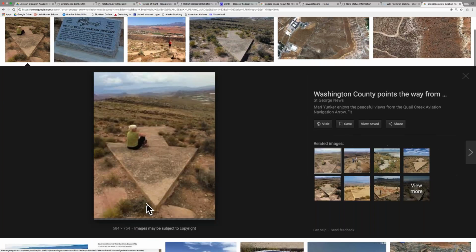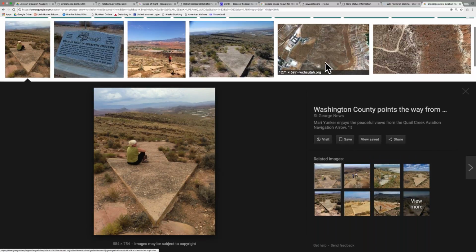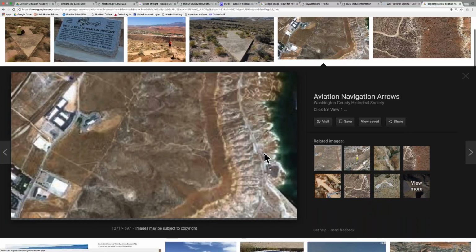Right here. This is looking down. I think this is the one that's just above Washington. But yeah, you can see here, this is just a cement arrow in the dirt. And on this little pad here, they'd actually build a little tower and put a rotating light on top of it. That's what they would use for navigation. I wonder if you can see it in this picture.